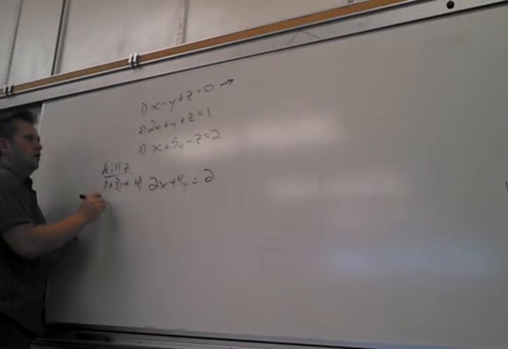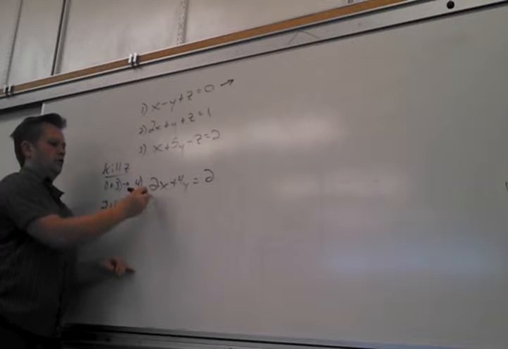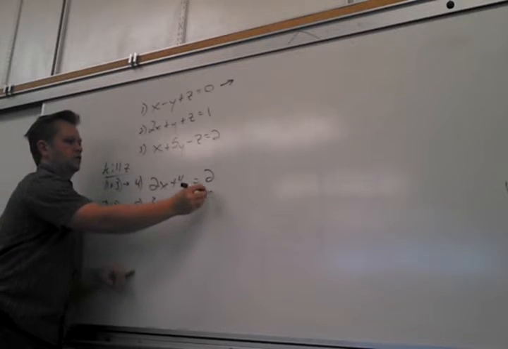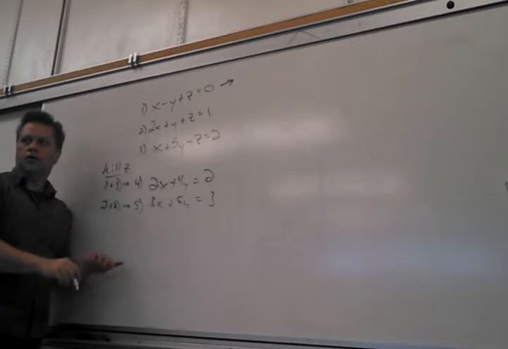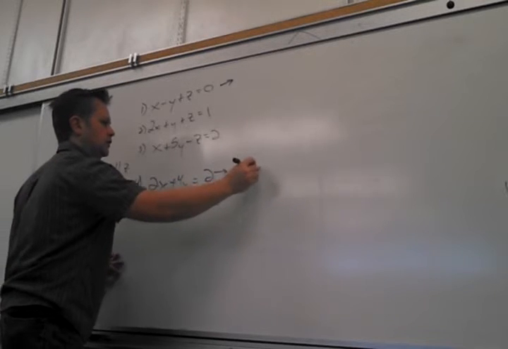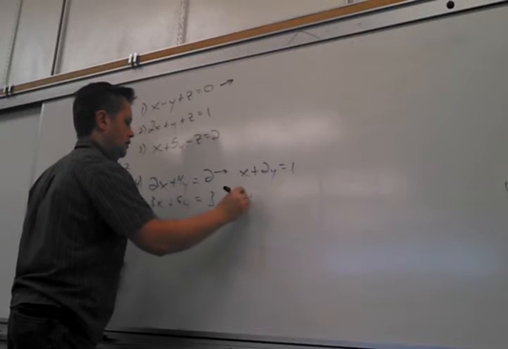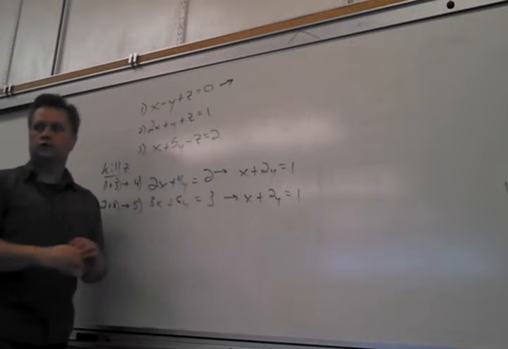And if I do 1, what am I going to do? 2 plus 3. I get the fifth equation. I have 3x plus 6y equals 3. Now both of these become x plus 2y equals 1. X plus 2y equals 1 if you reduce each of them.